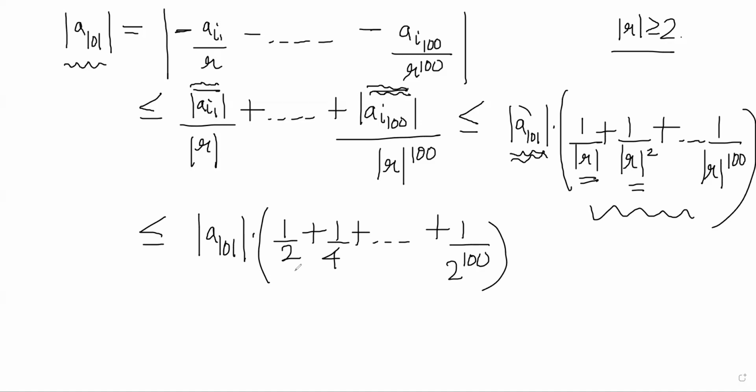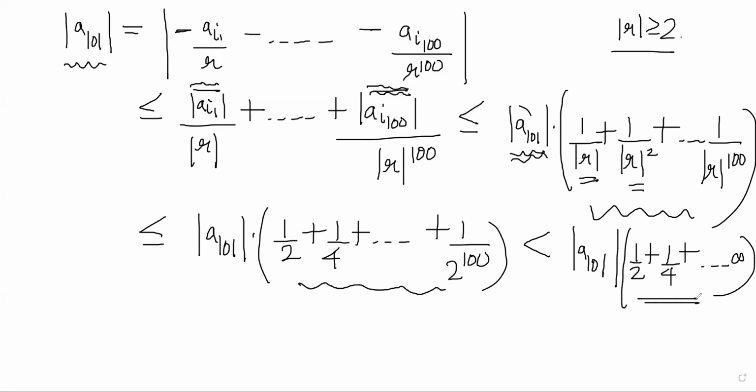Basically, the value of this is less than mod of a101 times 1 by 2 plus 1 by 4 plus up to infinity. Instead of a finite series, I have replaced it with a bigger infinite series. The sum of the infinite series is 1 by 1 minus half. No, it is half by 1 minus half. You see, the first term is half, common ratio is half. So it is equal to 1.